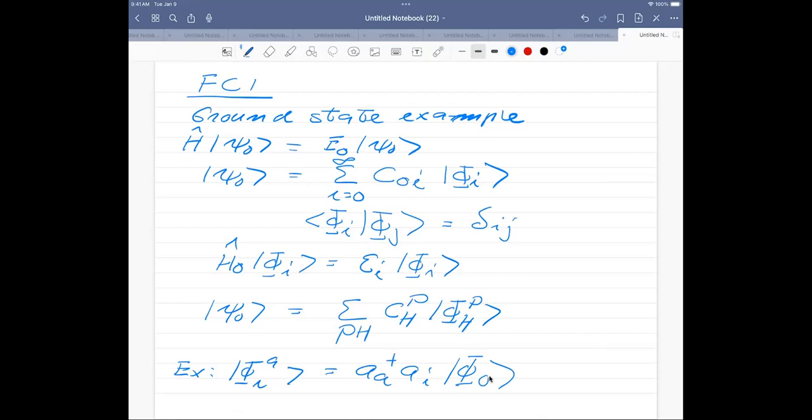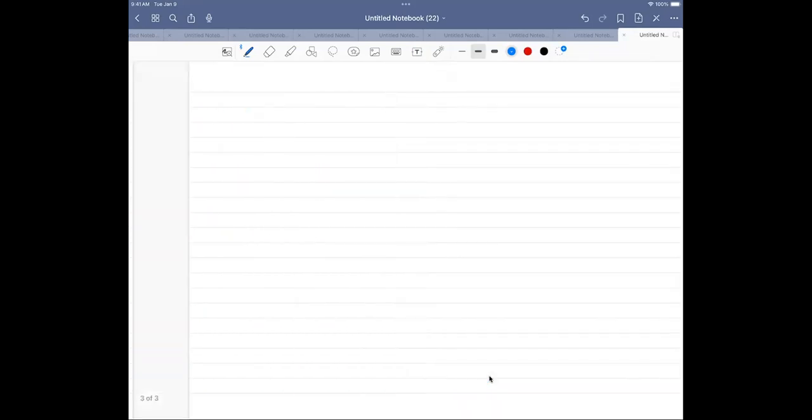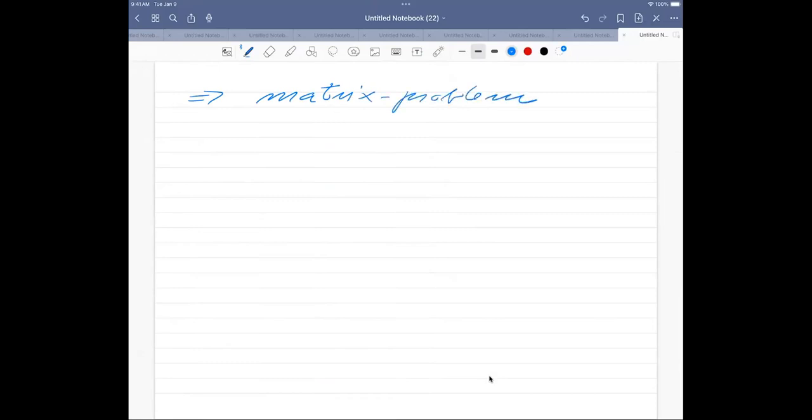And when we did that, we could then calculate the expectation value of the Hamiltonian. That led to a matrix eigenvalue problem. This is the way we reformulate it, so it's actually an eigenvalue problem, where we now had a matrix H, which we call the Hamiltonian matrix.